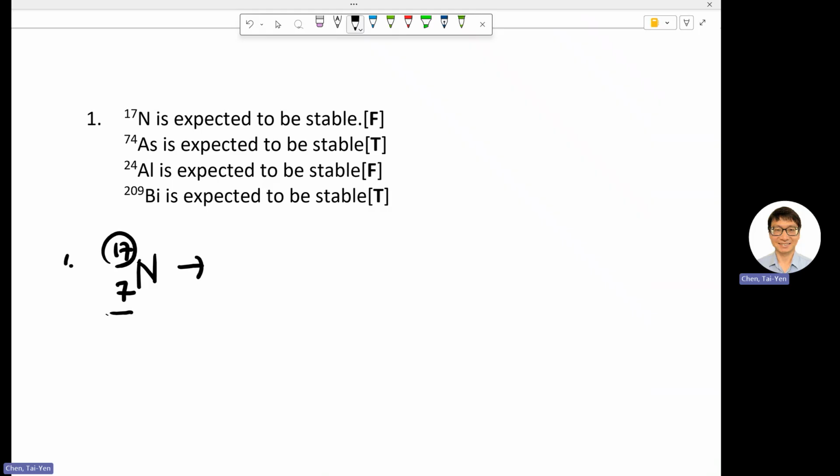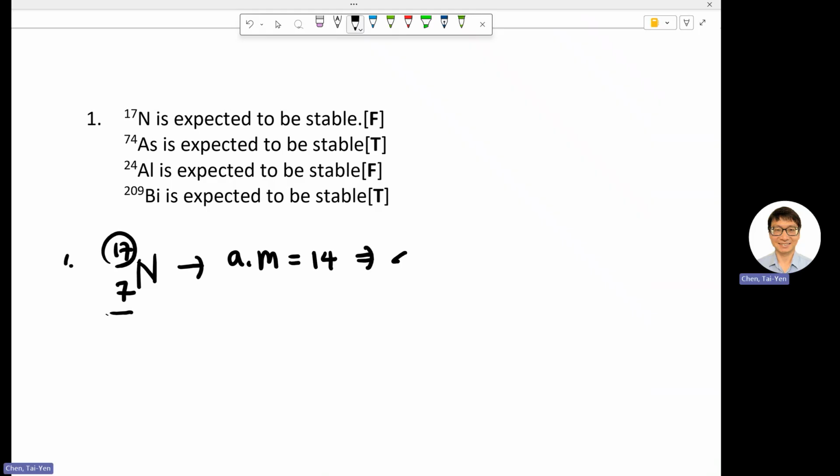What is the atomic mass you can find from your periodic table for nitrogen? 14, right?